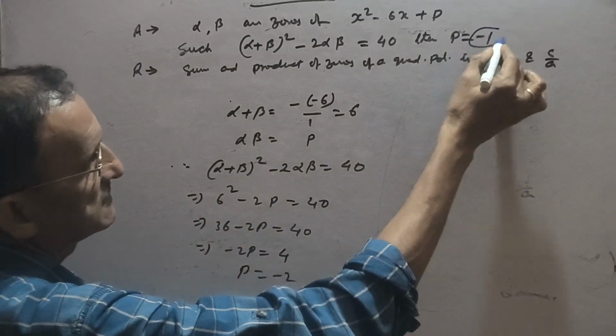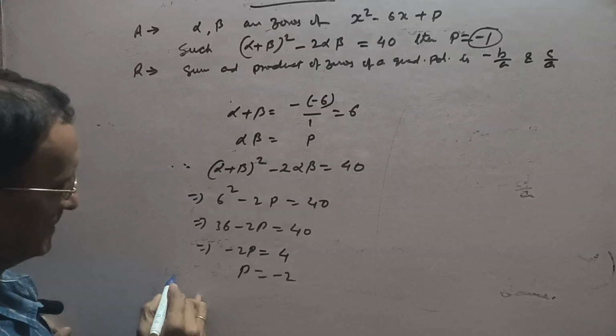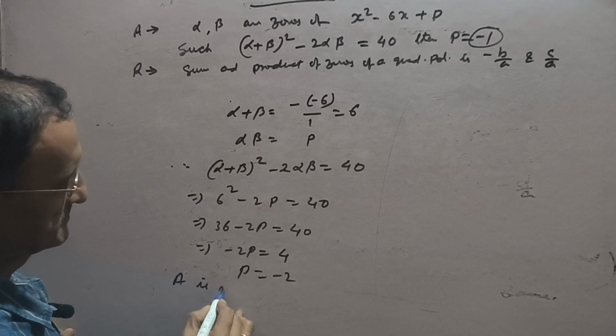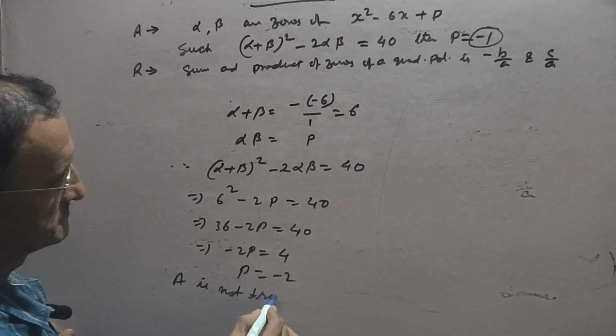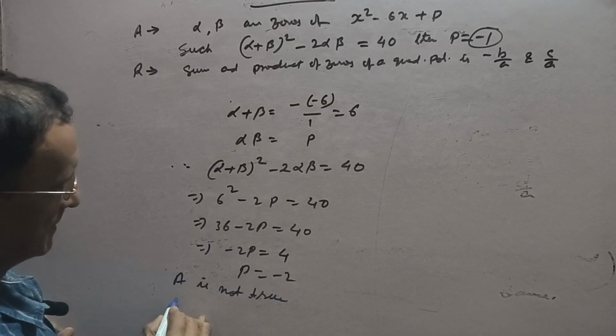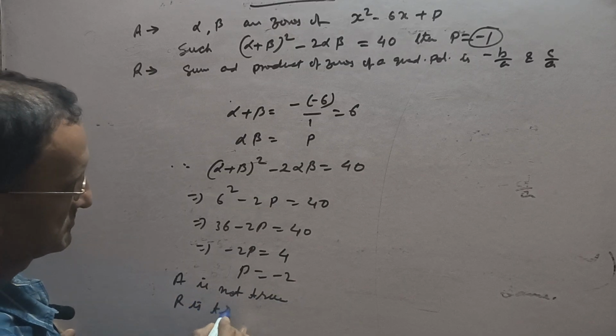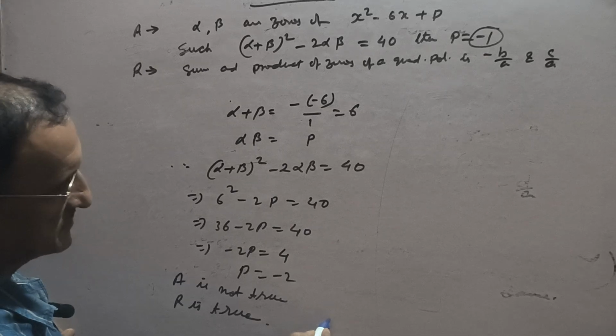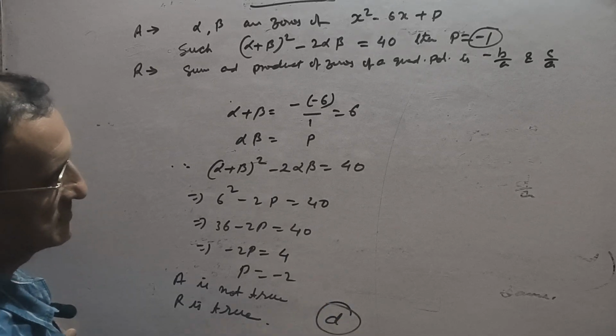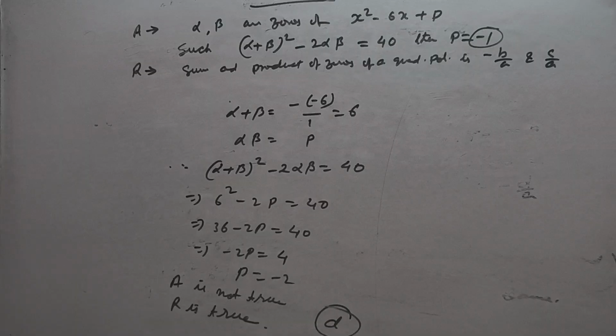They are saying minus 1, so A is not true. R is true. We will check the options. Generally this type of option is D, so D is the option. Okay, this is number 6.